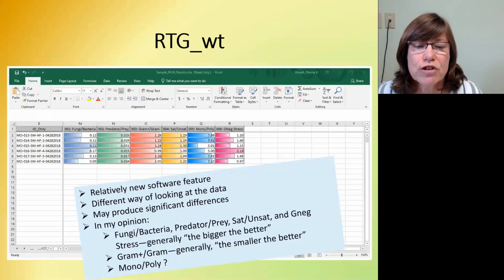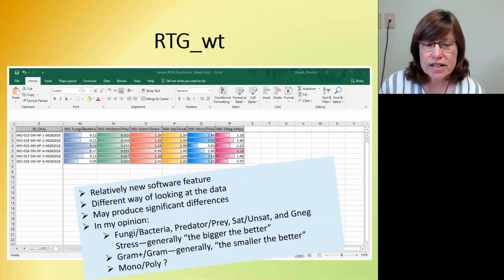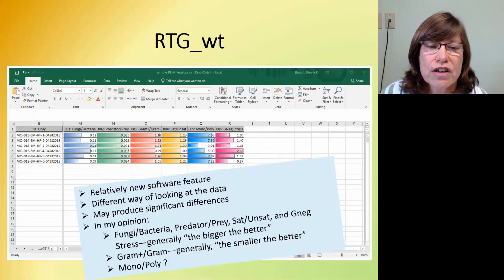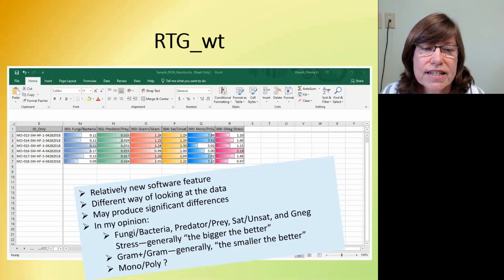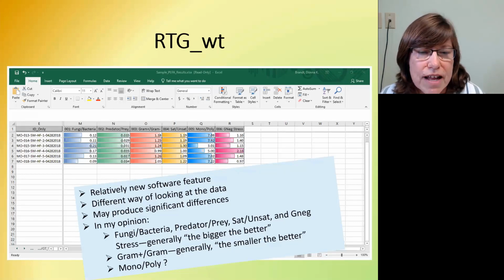And then the ratios. This is a relatively new feature, but I think it's pretty useful. If you're looking for differences, you may have trends with the fungi. Maybe one treatment tends to have higher fungi and lower bacteria counts, but not significant.